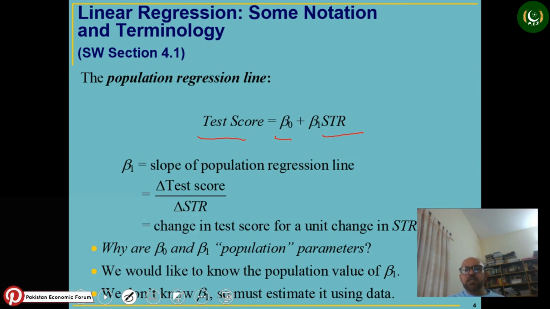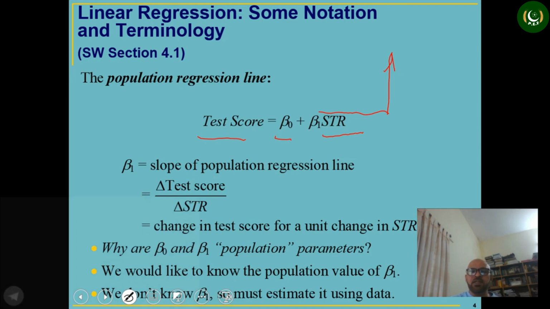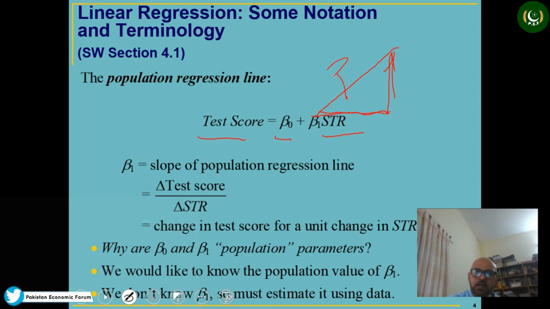So slope is basically rise over run: how much increase in test score will happen due to an increase or decrease in class size. For this much run, how much rise, that is your slope. This is measured by beta 1.